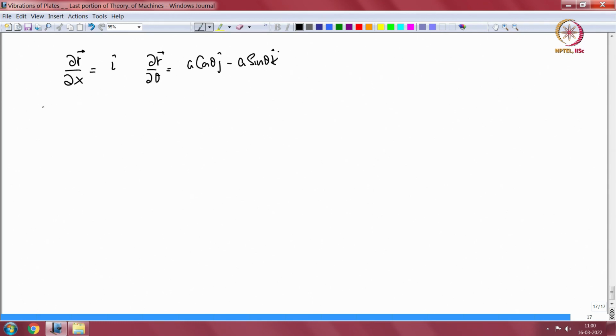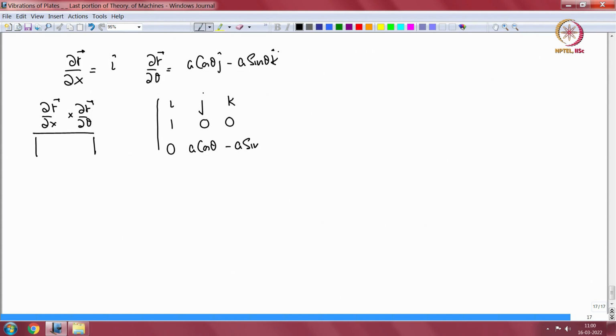So I need to do del r by del x crossed with del r by del theta and divide by the magnitude of that. That's what I need to do. So let's do the cross product: i j k, then I have 1 0 0, 0 a cos theta, minus a sin theta.